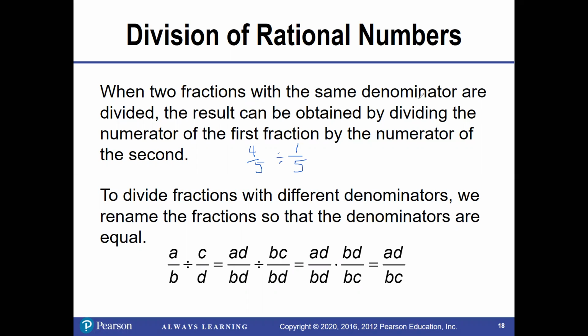It says you'll get your answer by dividing the numerator of the first by the numerator of the second. So the answer is going to be 4 over 1, so the answer should be 4, which is a fine little trick.